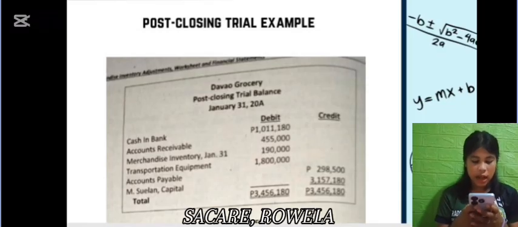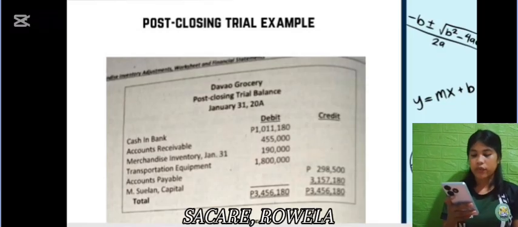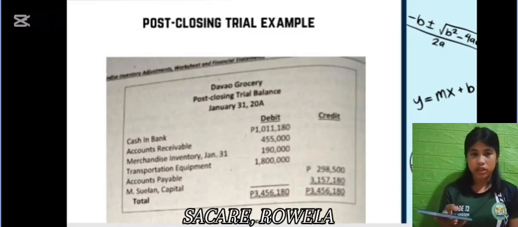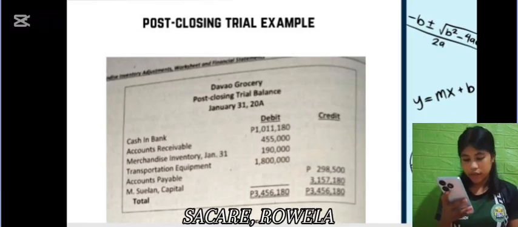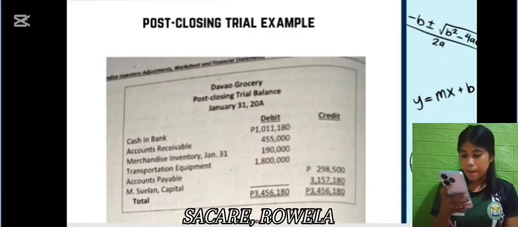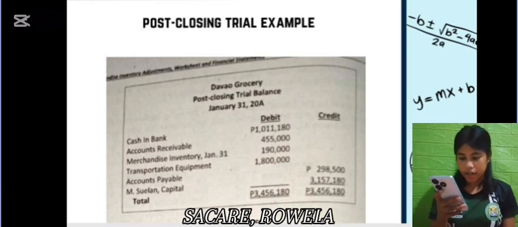Then the slide 5, liabilities. Accounts payable. Each entry for January lists amounts owed to creditors. The final balance after calculating all debits and credits is 298,500.